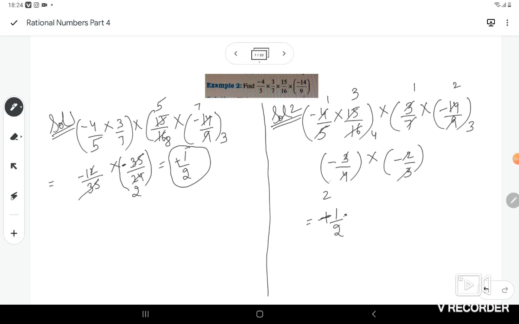That's why we have used the property, and the result comes out to be 1/2. So in this example as well as the previous example, solution 2 is easier to understand and apply using the property, and it takes less time.